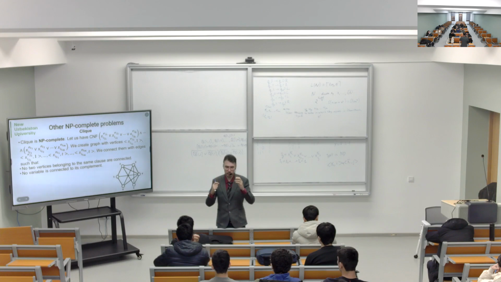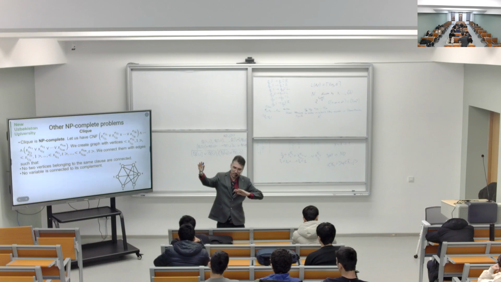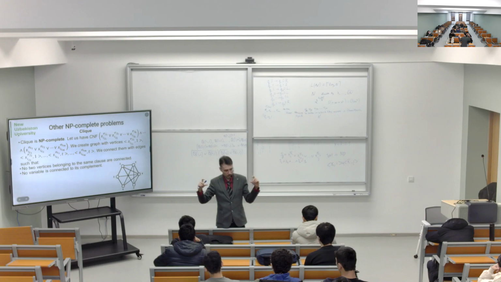So it means if we have x1 twice in this clique, it must be the same x1, either x1 or not x1. We don't have different ones. Does it make sense? So we found some variables that are present in each of the clauses in some value. Now just assign this value to these variables and the problem will be satisfied.